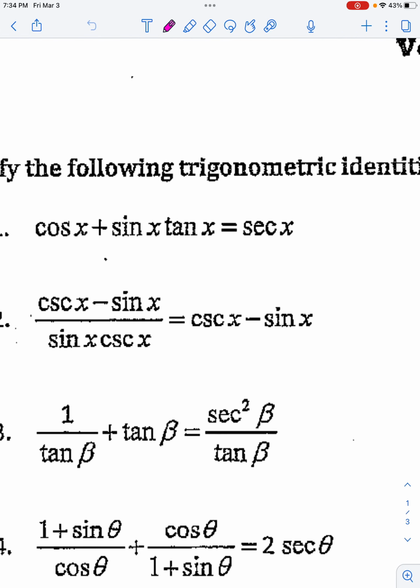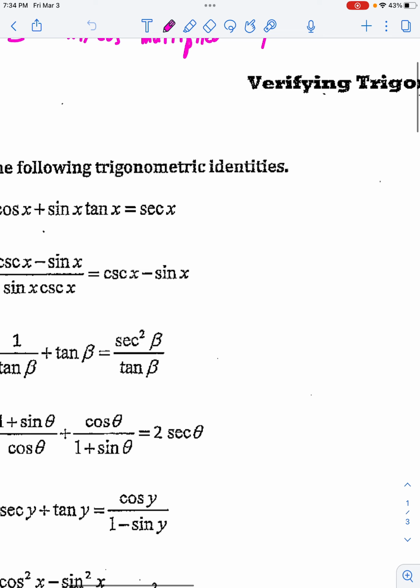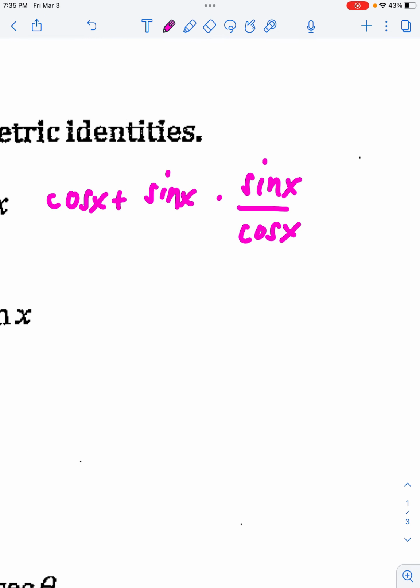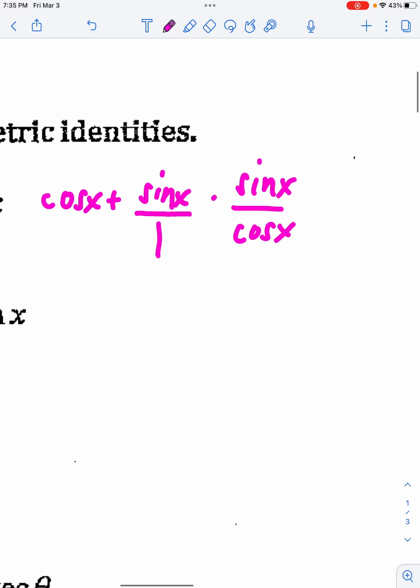So this, cosine x plus sine x tan x, becomes cosine x plus sine x times sine x over cosine x. Sine x is the same as sine x over 1.